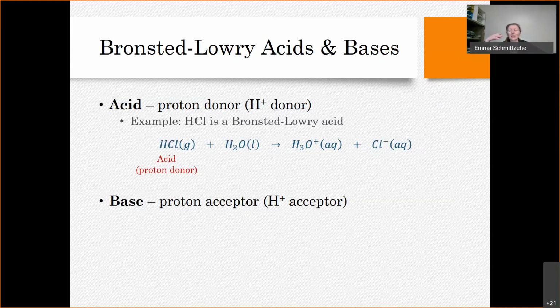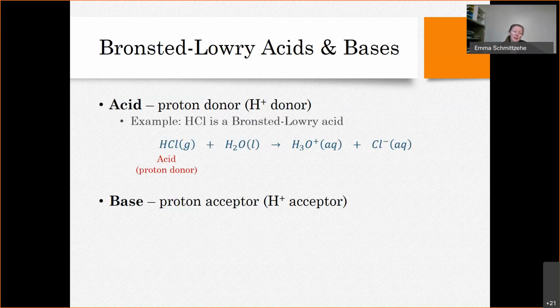It donates it to the water molecule. So what remains of that acid is just Cl minus, and now it's just an ion. And where the H plus went is to the water molecule, forming the H3O plus.